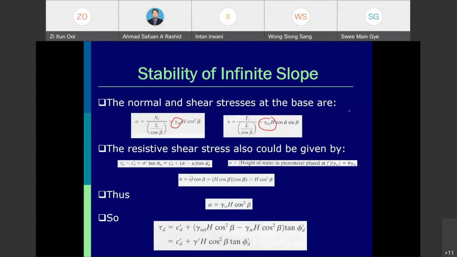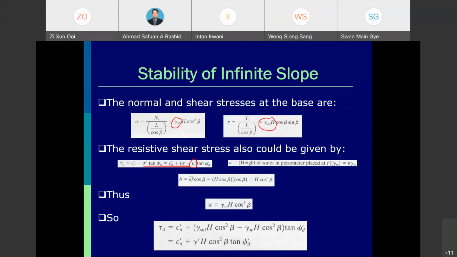The resistive shear stress could also be given by this. However, for this case, they introduce what we call the pore water pressure, the height of the water in the piezometer times the unit weight of water.